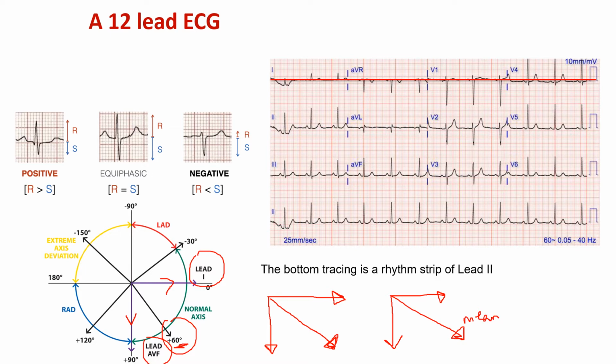Now, when we take a look at our EKG, remember how I said we're going to take a look at our QRS wave? So when you look at, let's say, right here, you have the P wave right here. Here is the QRS complex, and then you have the T wave right there.